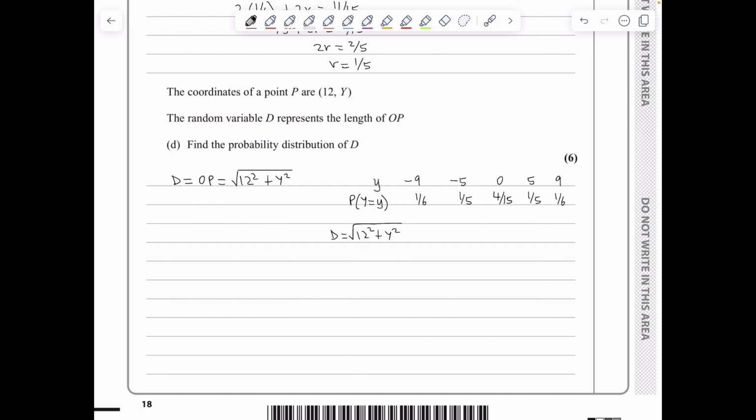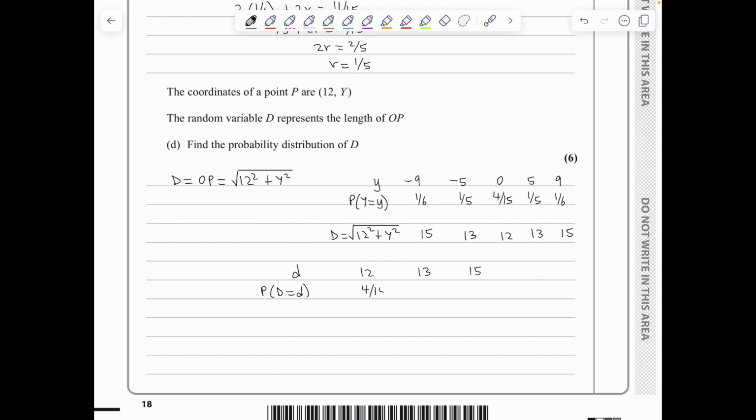So for negative 9, I get 15. For negative 5, I get 13. For 0, I get 12, then 13, and then 15. So we can easily see that the random variable d can attain the values of 12, 13, and 15. And the corresponding probabilities for 12, it's simply the 4 over 15 when y is 0.